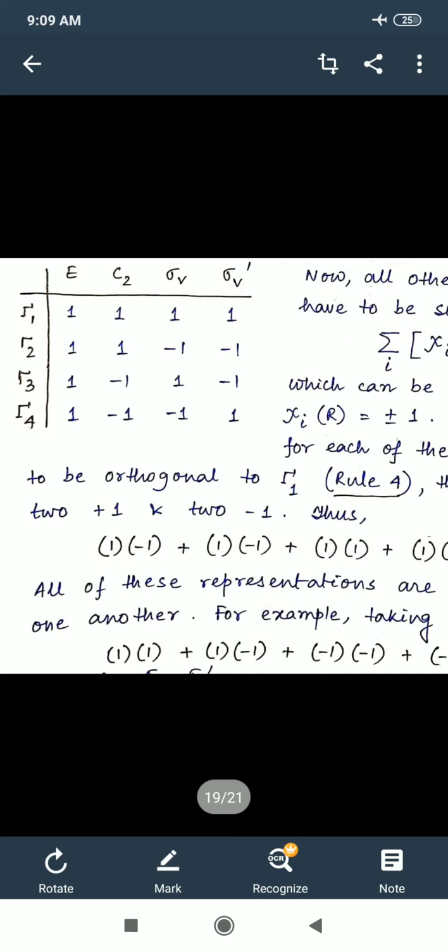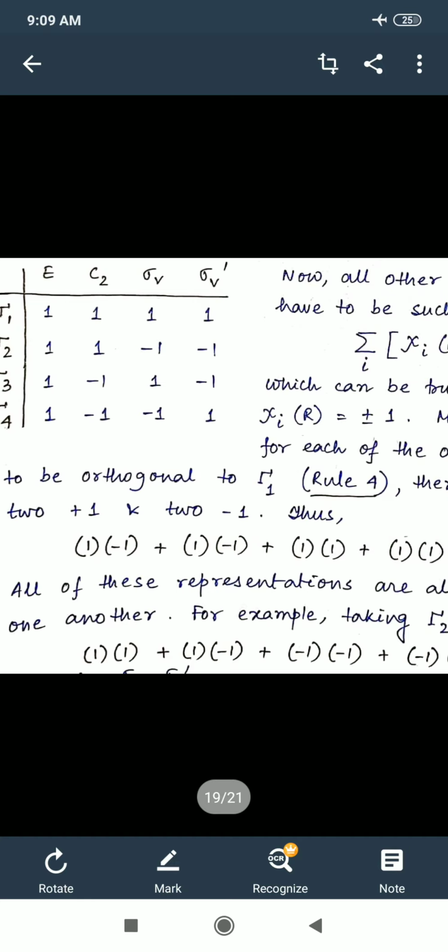Then according to rule number 2, all are 1 with respect to E and all are 1 with respect to the Bethe notation 1. Then from rule number 3 and rule number 4 we can check that the other values should be plus minus 1, and we have to write these values by maintaining our rule number 4, which is the orthogonality condition.